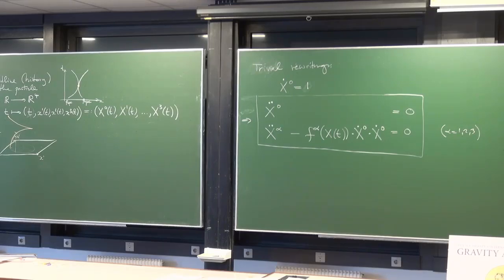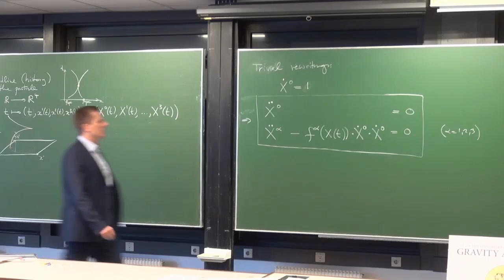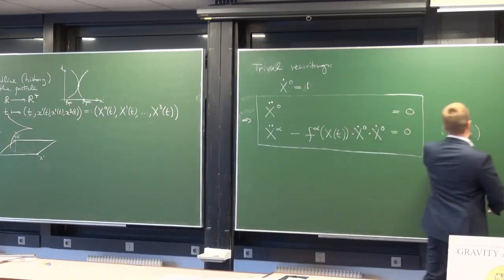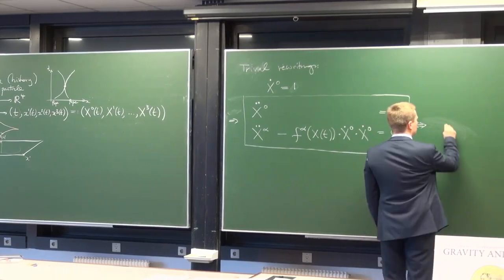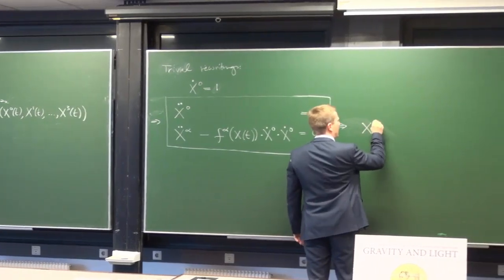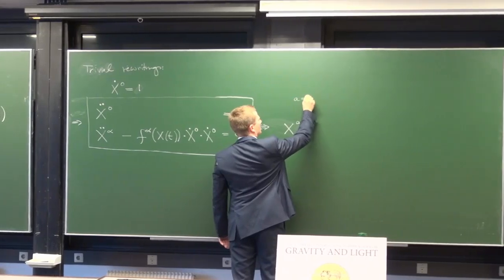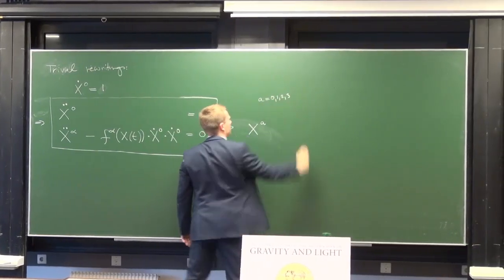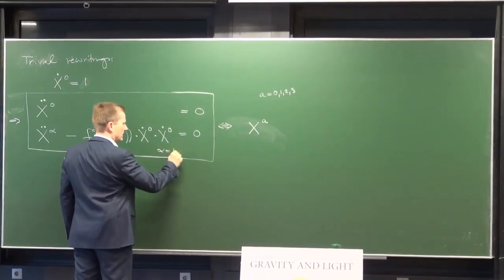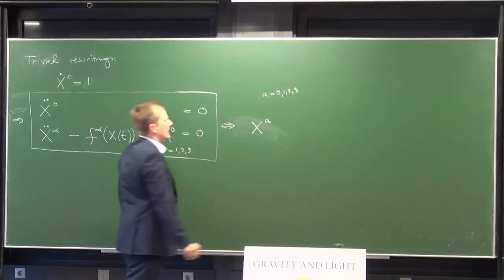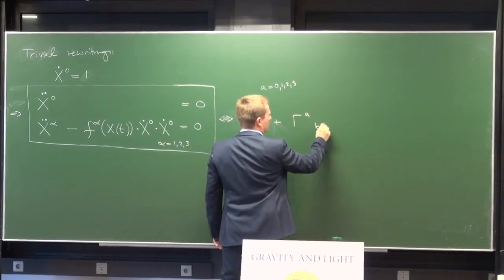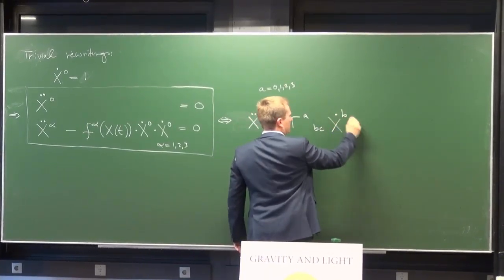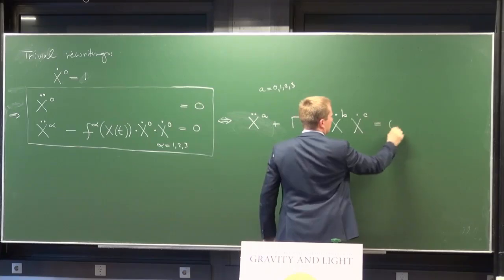How is that supposed to help? Well, these two equations are perfectly equivalent to the following set of equations. X up a, where a now runs from 0, 1, 2, 3. And here the alpha runs only 1, 2, 3. xa double dot plus gamma a, b, c, x dot b, x dot c equals 0.